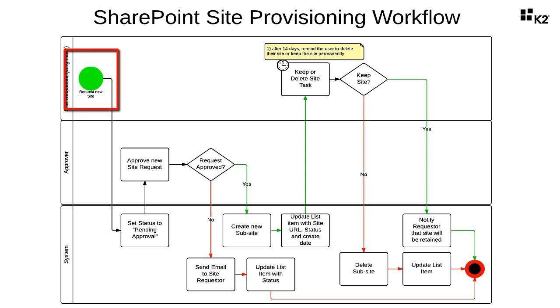To start the workflow, users will fill out a request by creating a new item in our SharePoint Site Request list. To provide feedback to the requester, the workflow system will use a list item event to update the request item's status to Site Pending in the SharePoint list. From there, the workflow will assign a user task to a designated individual to either approve the site request or reject it.